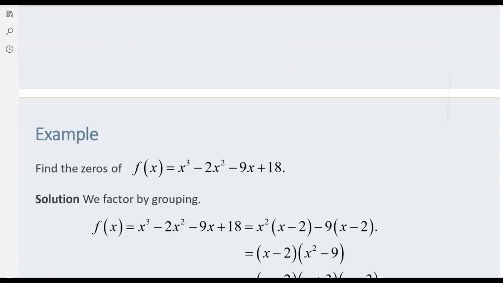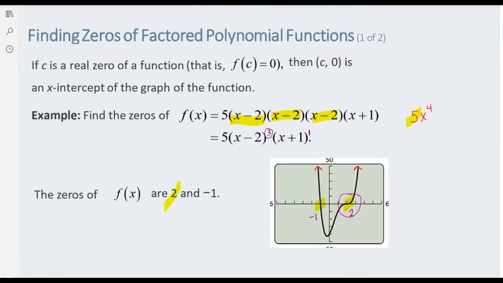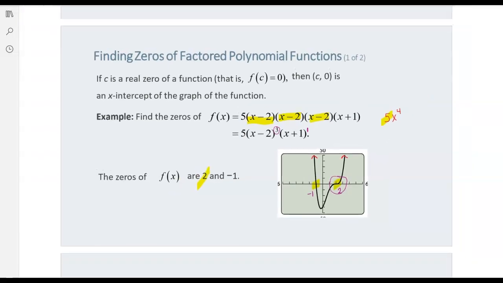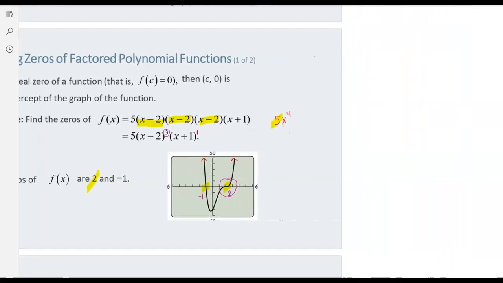Let me see if I have another example. When we have something that has an even exponent, this is called a multiplicity, it will act like a parabola. So let's suppose that I had f of x equals (x minus 2) squared times (x plus 1).